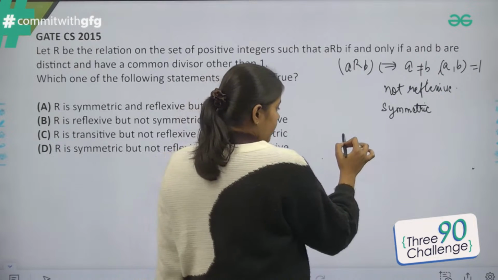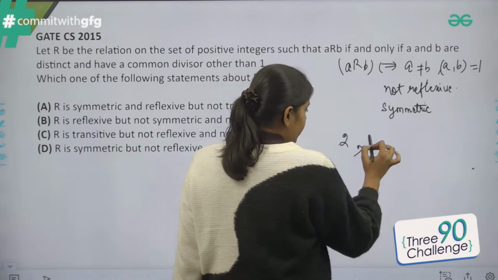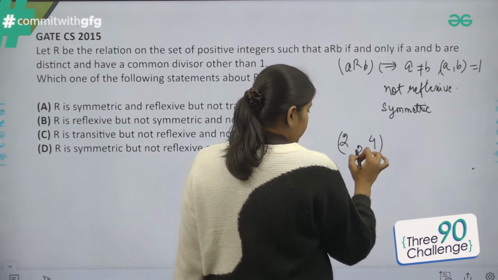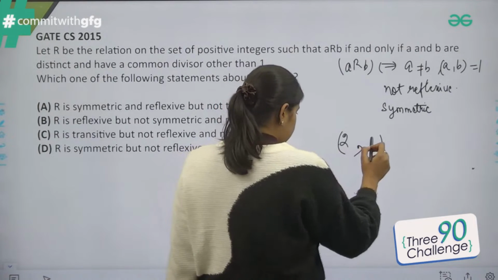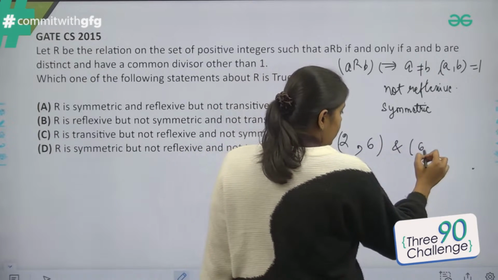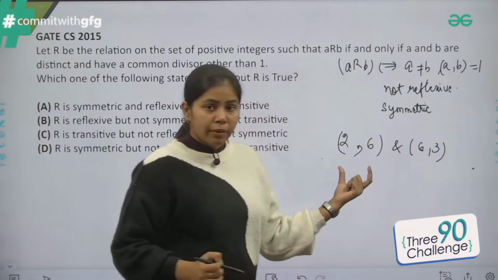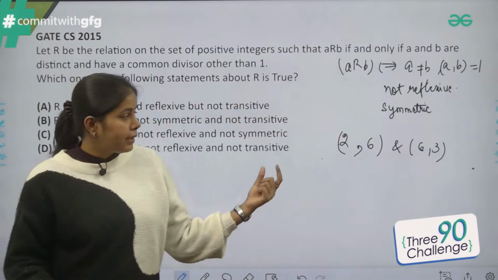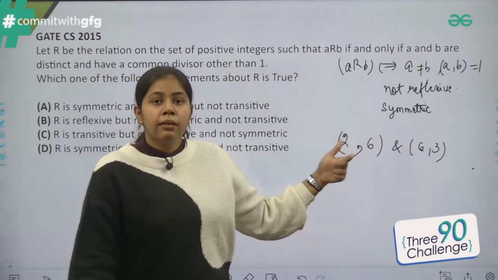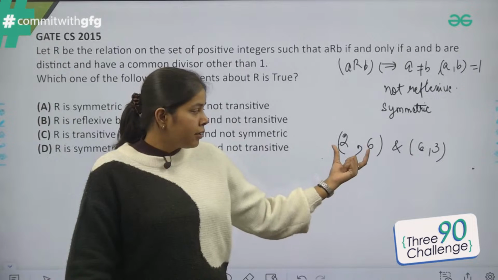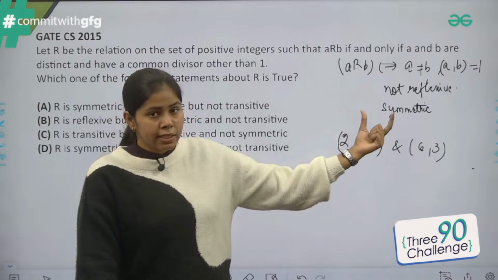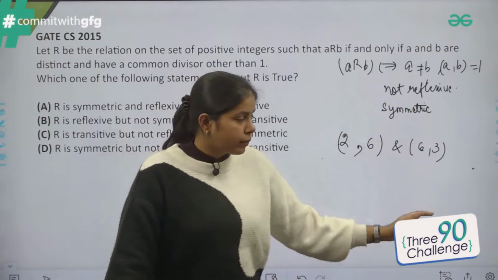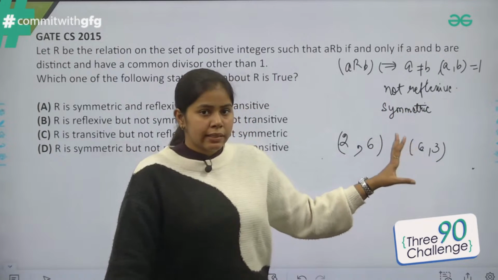Right, let's take 2 comma 6 and 6 comma 3, right? 2 and 6 are related. Why? Because they are not equal, and GCD is 2, that is not 1. 6 comma 3 is related, GCD is 3, that is not 1.